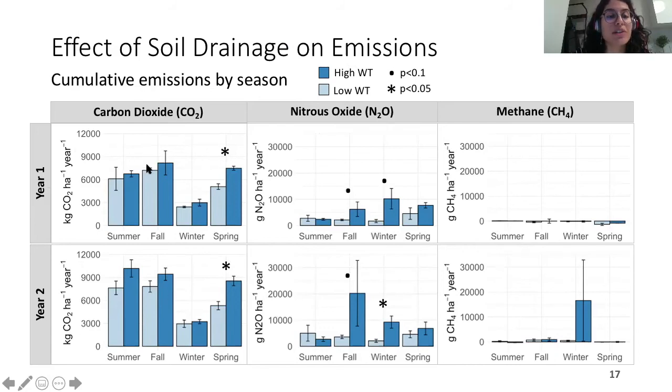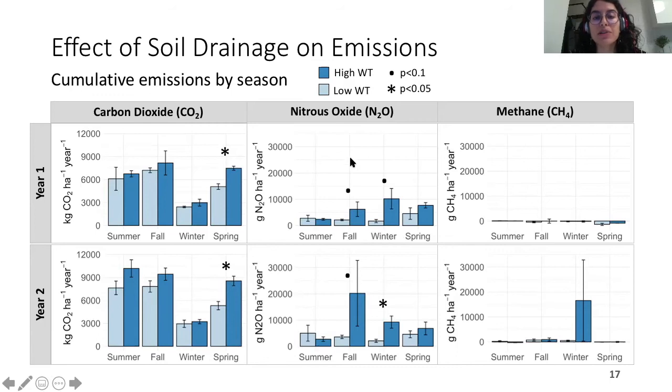So for carbon dioxide, we see that it follows the same pattern across the seasons and also for both years, with the high water table group emitting more carbon dioxide than the low water table group. And we actually get a significant group effect for both springs.